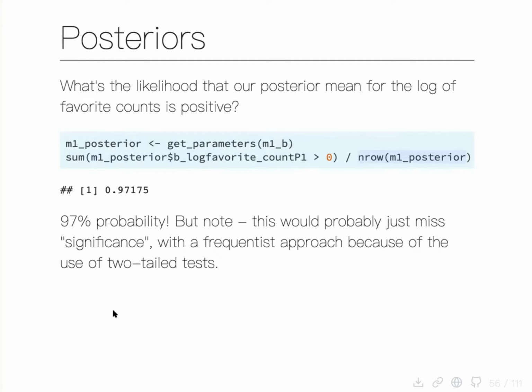This would probably not meet significance from a frequentist point of view, though, because of two-tailed tests, right? So we would have to pass 0.975 rather. So again, this is where frequentists and Bayesians are just sort of different, and why lots of people end up, like myself, sort of railing against p-values.